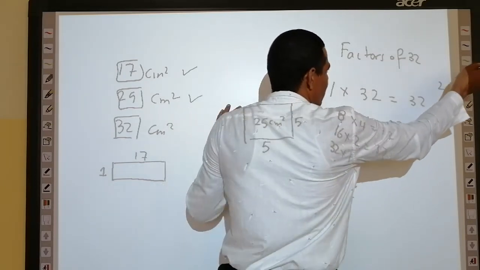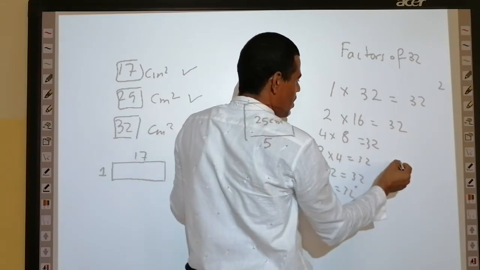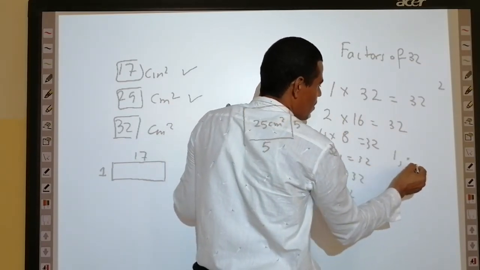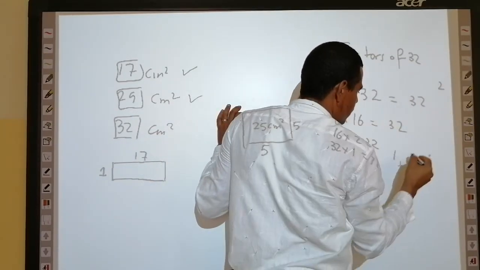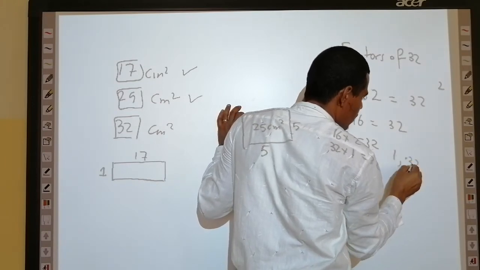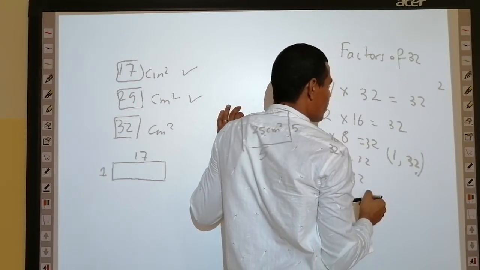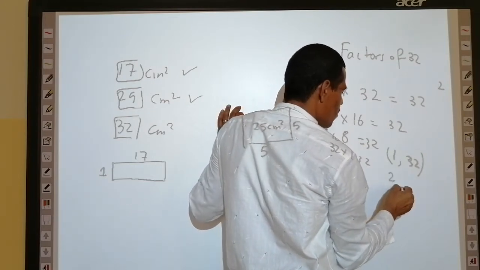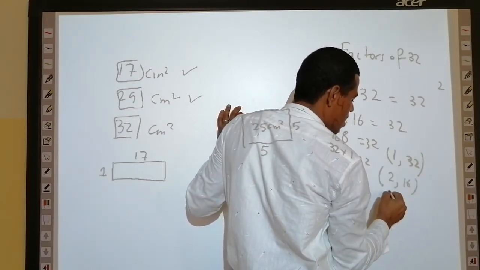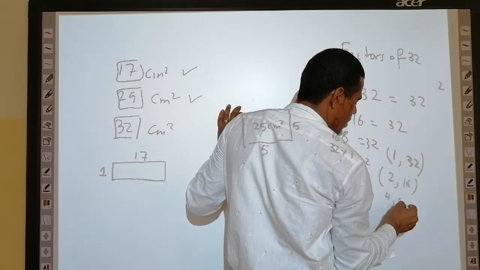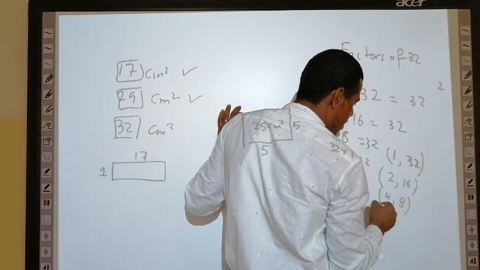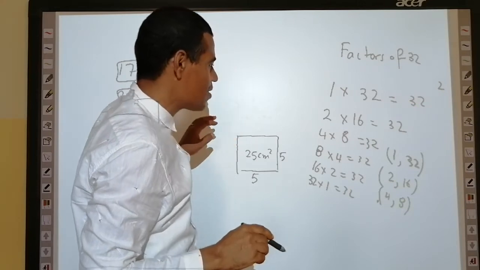So, my learners, here we found the factors of 32: 1 and 32, then 2 and 16, then 4 and 8. What else? Only these, my learners.